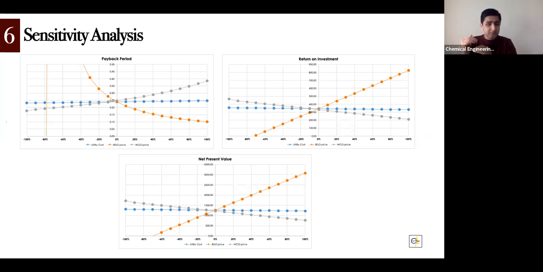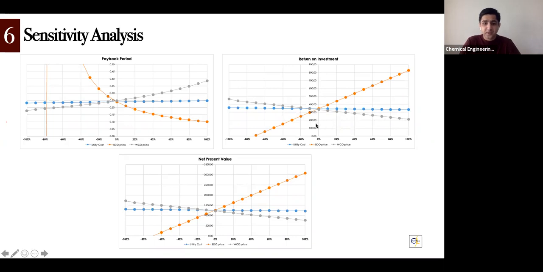The less the profit, the less of the fraction, and therefore the ROI is going to decrease. But since the waste cooking oil is not very expensive to begin with, even if we increase it by 100%, it is not very much affected, and we are still very much in the profit zone, which you can see right here. Even if it increases by 100%, our ROI will still be 200%, which means that we are still profitable.